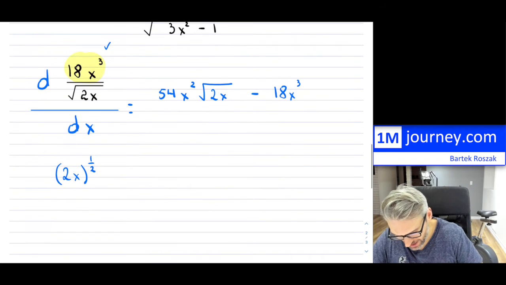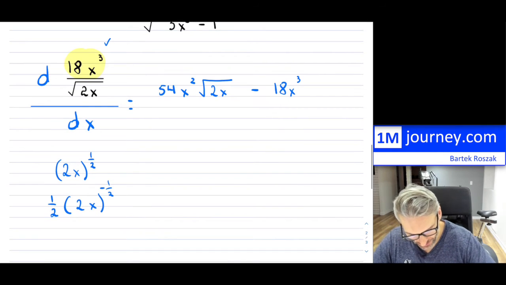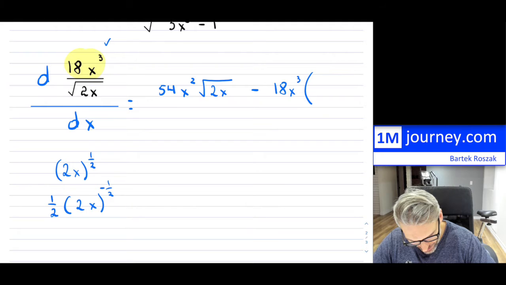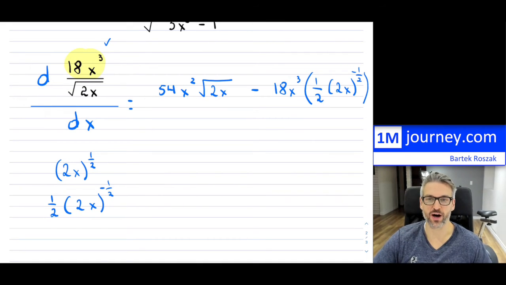Now the derivative is 1/2 as we drop that in front, and this is going to be now negative 1/2. So that's what we would have in here. So over here, I would have 1/2 and then 2x, and this is negative 1/2. That is the derivative of that denominator.